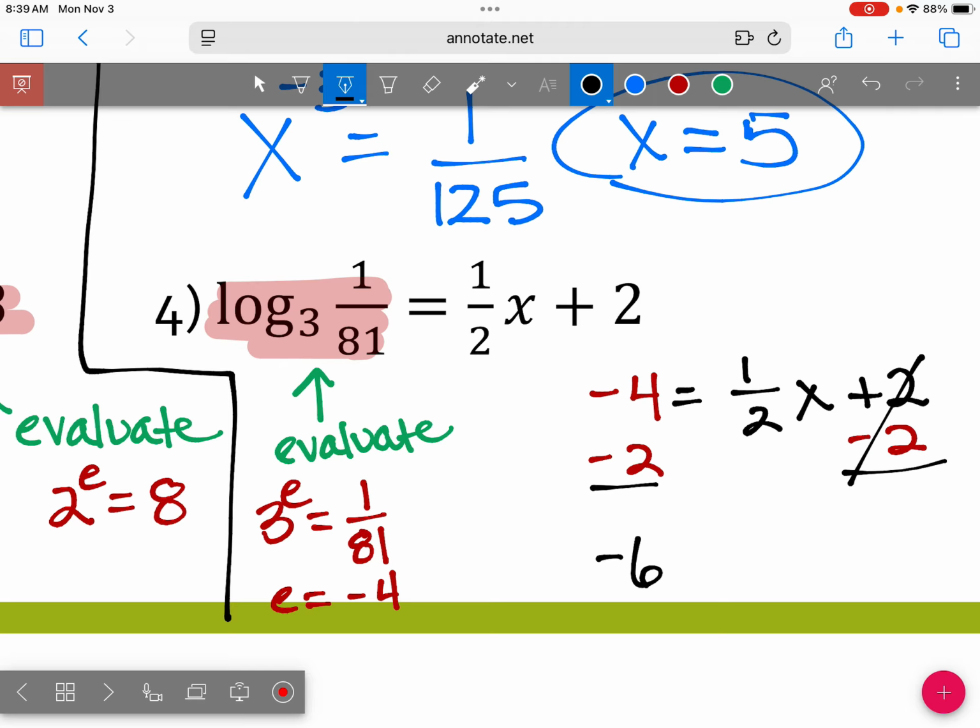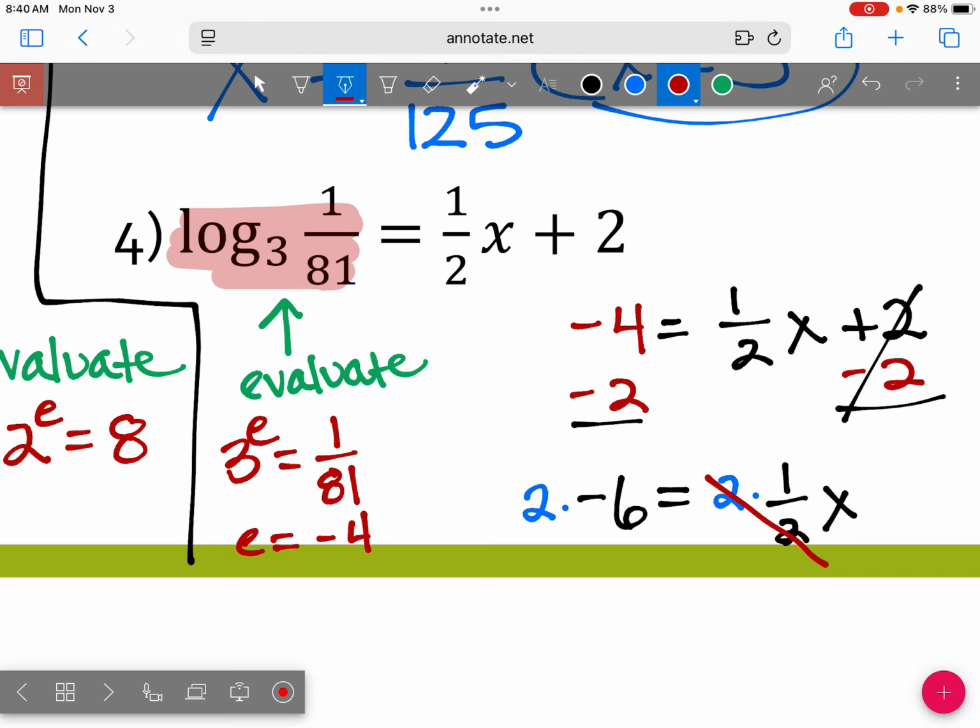So negative 6 equals 1/2 x. To get rid of a fraction, I'm going to multiply both sides by the reciprocal. That's the easiest way to clear a fraction, in my opinion. What's the reciprocal of 1/2? 2 over 1. So I'll multiply both sides by 2, which clears out my fraction. Then I'll have 2 times negative 6, and my answer is negative 12.